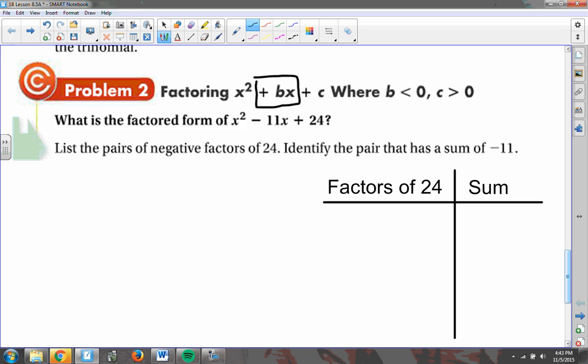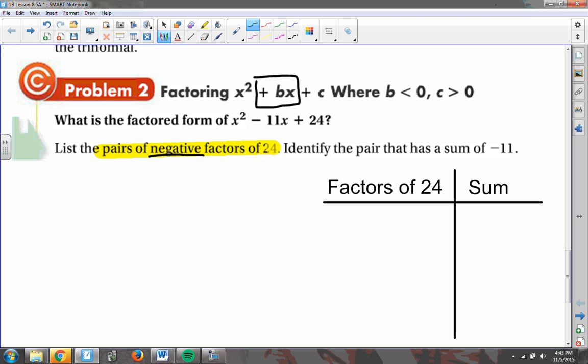I still want to be listing pairs of factors of 24, but now, instead of listing pairs like 1 and 24, 2 and 12, 3 and 8, I'm going to list negative factors. Why do I want to list negative factors? Because I want the two numbers I list to add to be a negative number, but multiply to be a positive number.